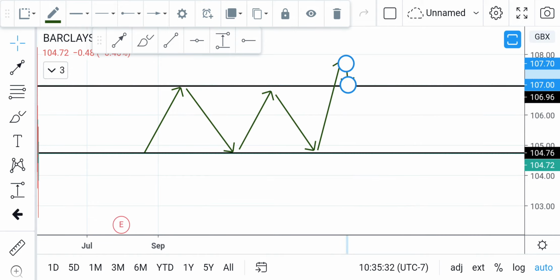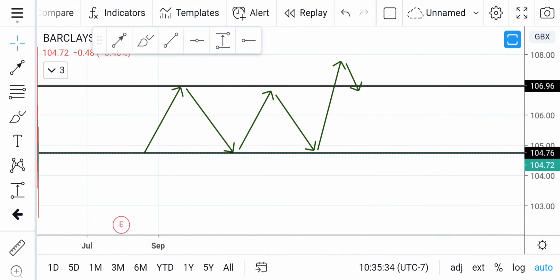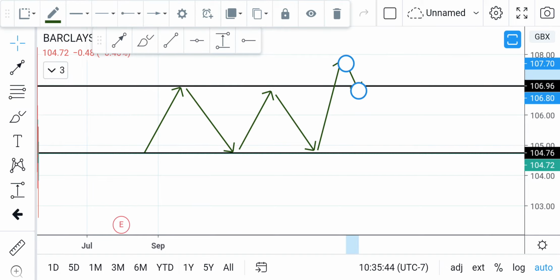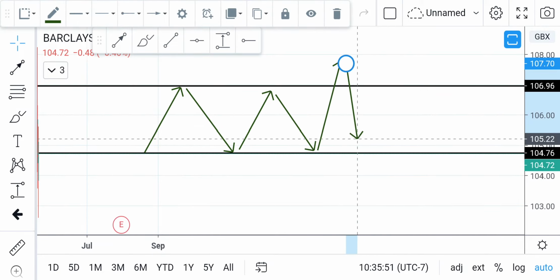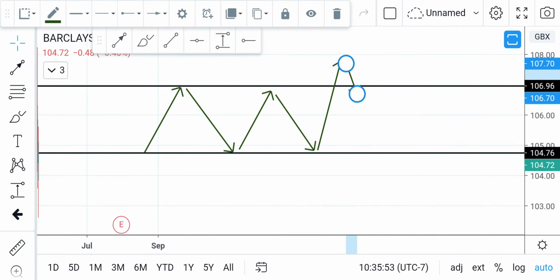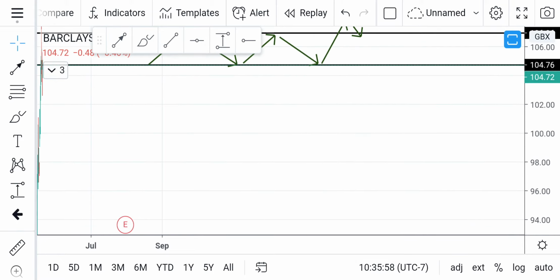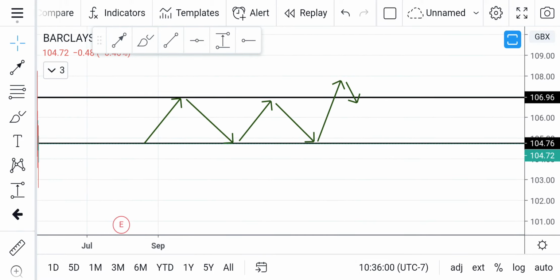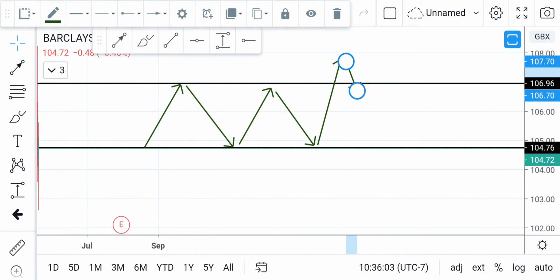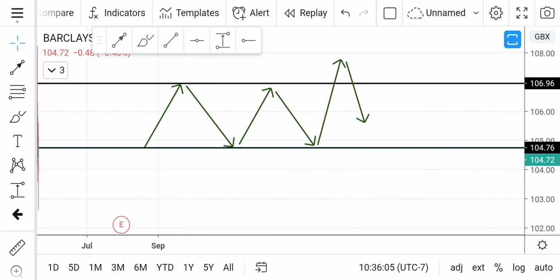When this happens around resistance, we call it a bull trap, because those bullish people that bought around here hoping that the price will continue higher are trapped and will have to stay and endure seeing the price going down like this. So this is a false breakout chart pattern. It's when price breaks above resistance and comes back into the channel.